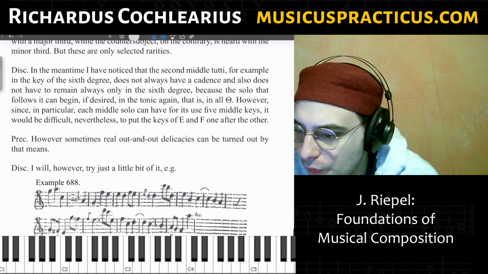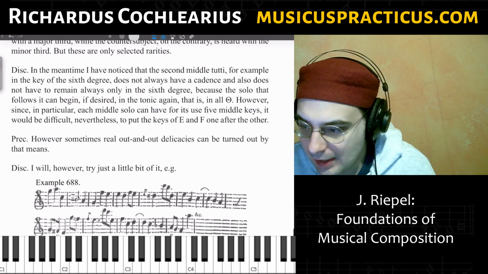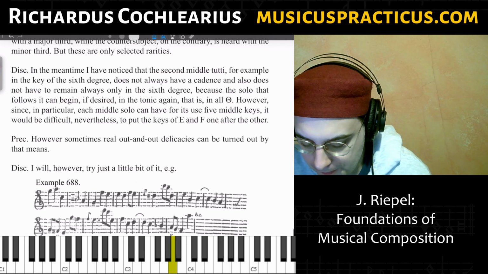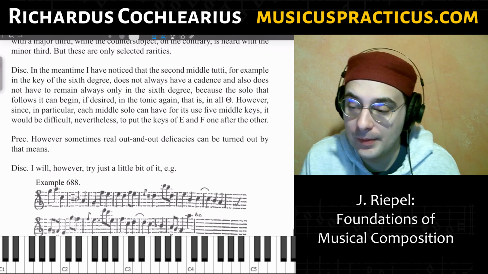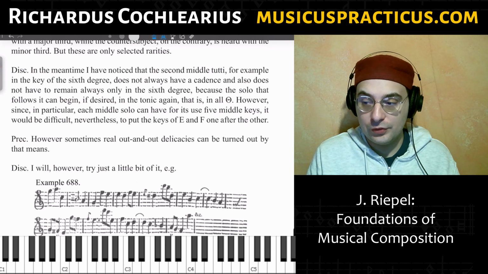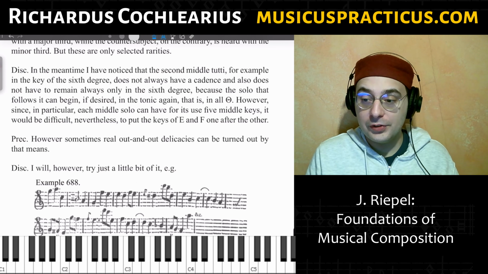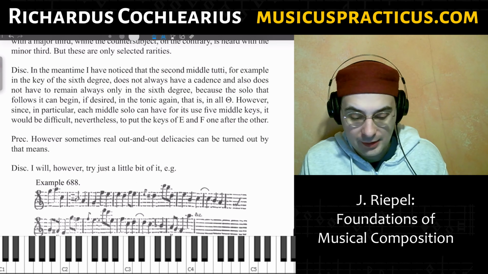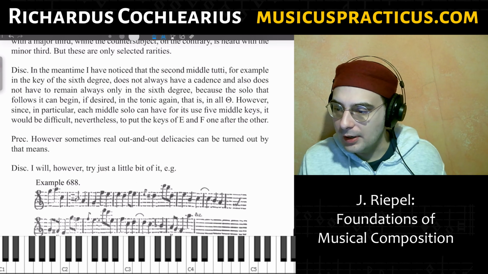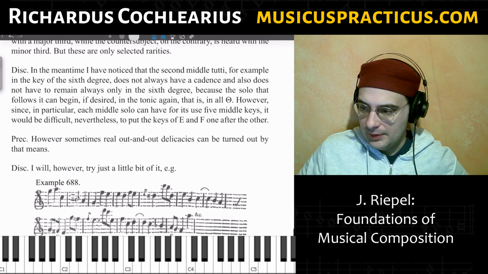And the second middle tutti, for example in the key of the 6th degree, does not always have a cadence, and also does not have to remain always only in the 6th degree, because the solo that follows it can begin, if desired, in the tonic again. That is among all the other possible variations.